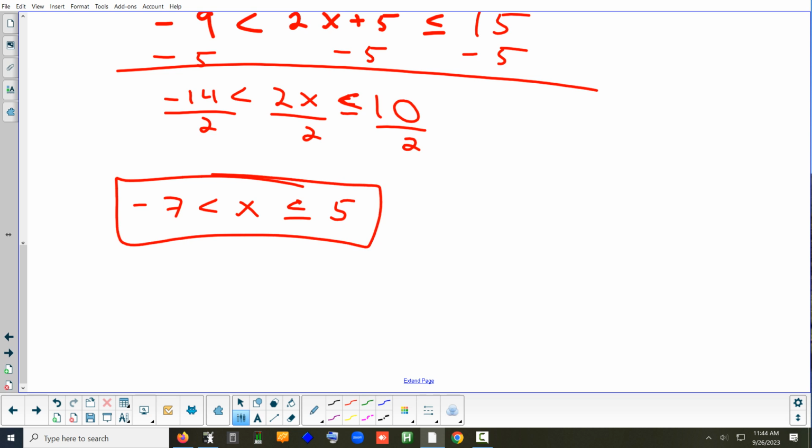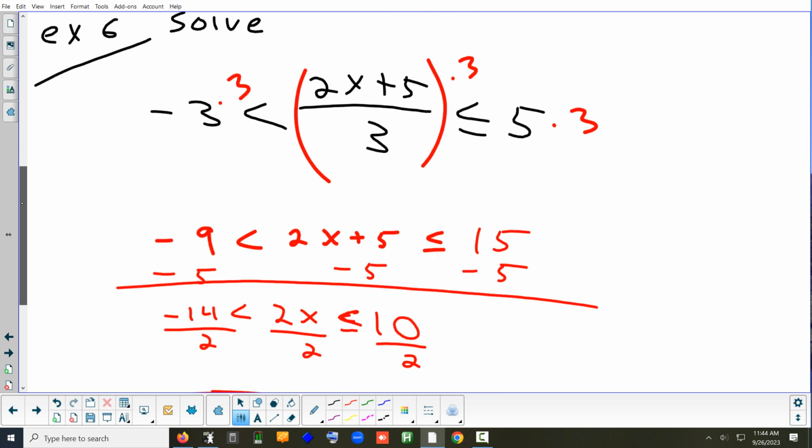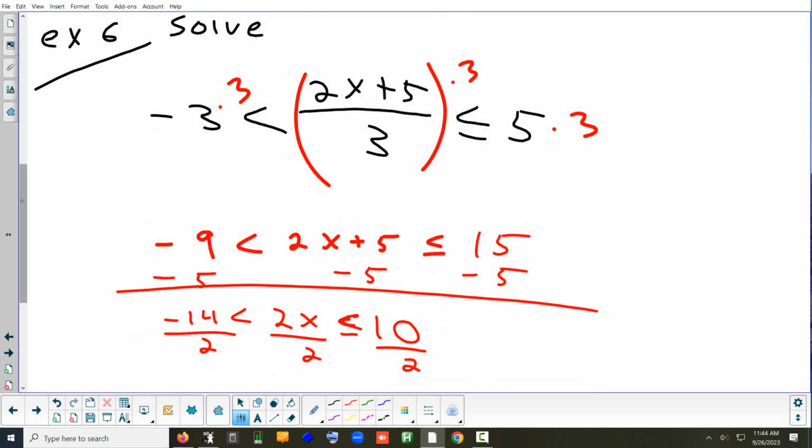Now, if you had x's in multiple spots, the first thing you would have had to do is write -3 is less than 2x plus 5 divided by 3. That's the left in the middle, and solve that problem. Then you would have written down 2x plus 5 divided by 3 is less than or equal to 5, and you solve that problem separately.